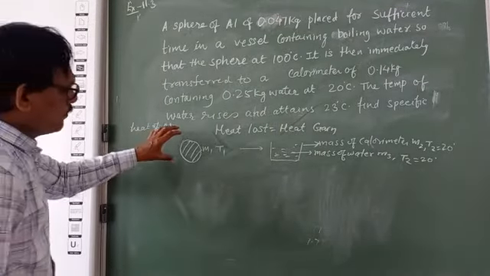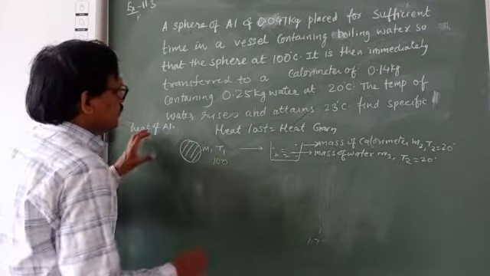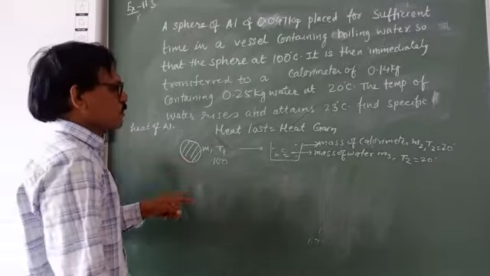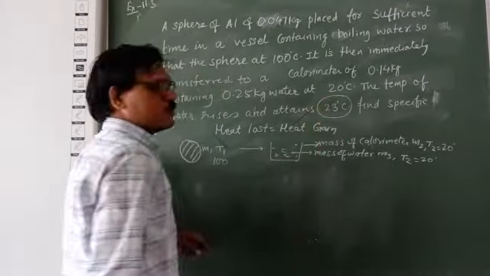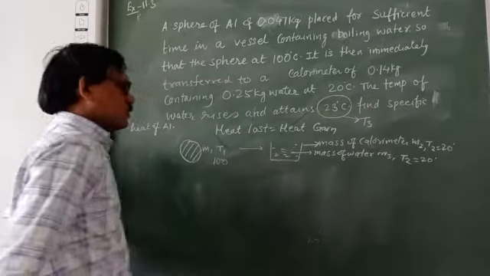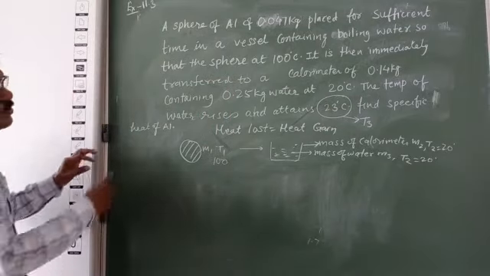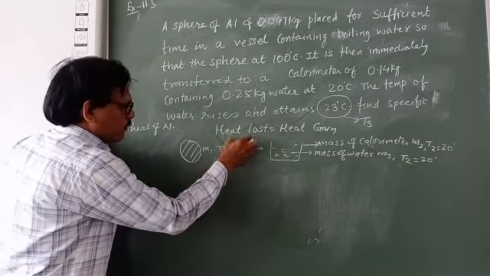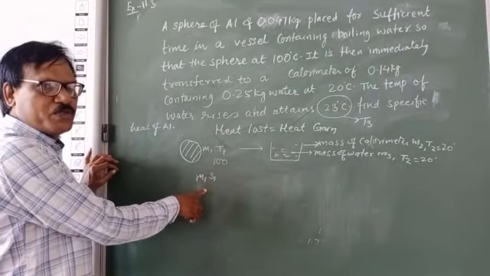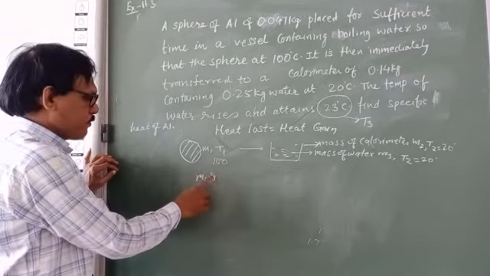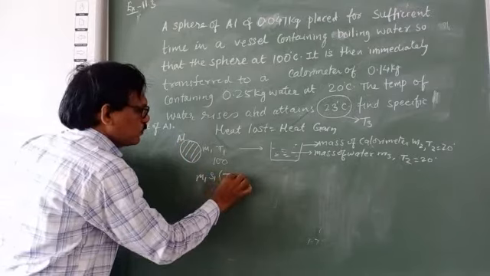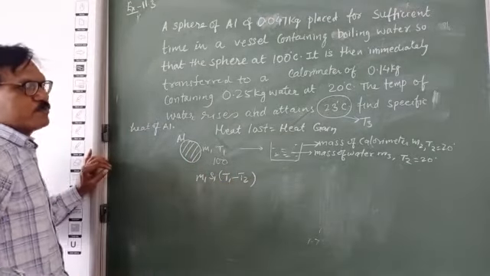Now when this aluminum sphere, heated in boiling water, is placed here, it will lose temperature, and the final temperature it attains is 23 degrees Celsius. Then it will be T3. So the aluminum sphere will lose energy. How will we write the energy lost? M1 S1, where S1 is the specific heat of the aluminum sphere, times T1 minus T3. Always subtract from the higher temperature.